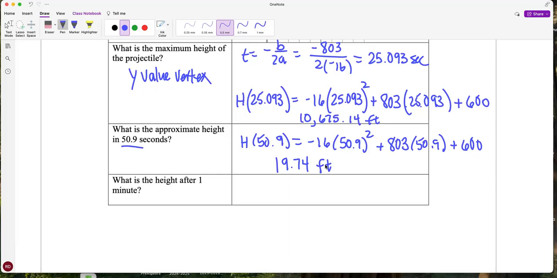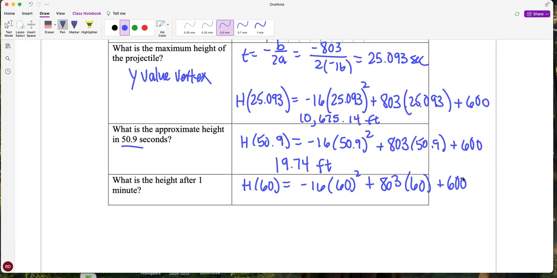What is the height after 1 minute? So that's going to be 60 seconds. So h of 60 is going to be negative 16 times 60 squared plus 803 times 60 plus 600.